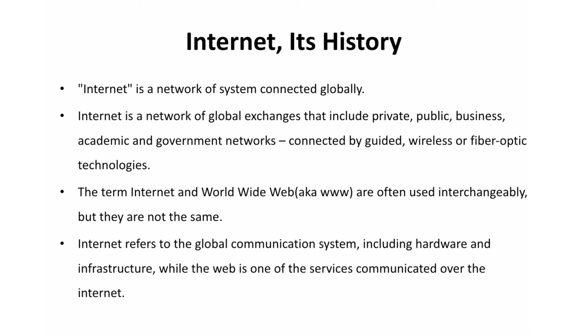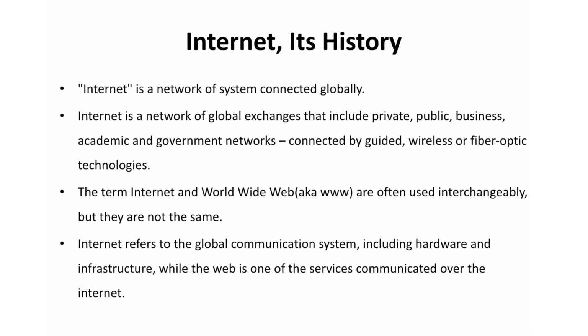So Internet is just the platform through which each of these computers are connected, either using a guided wire or with the help of an internet service provider who usually uses fiber optic technologies to transmit data between each network.